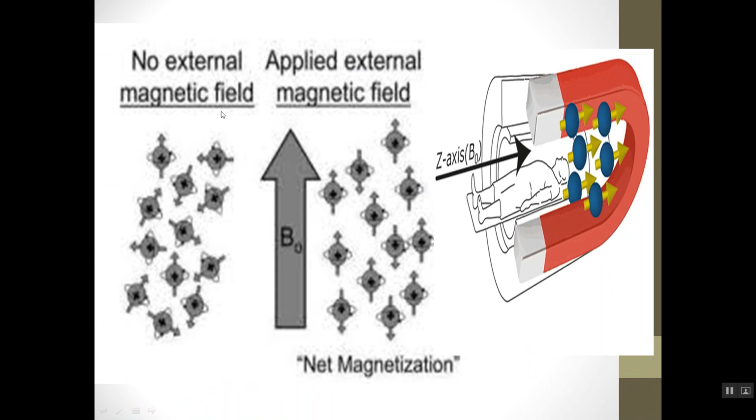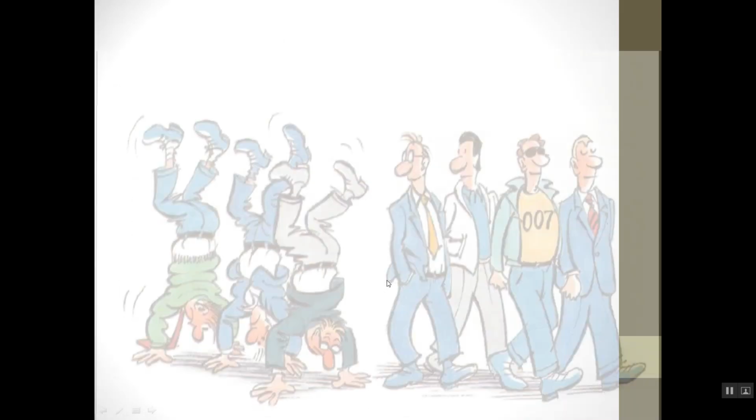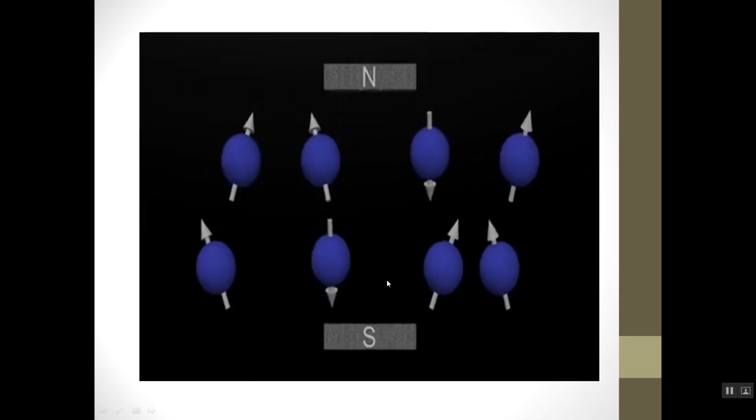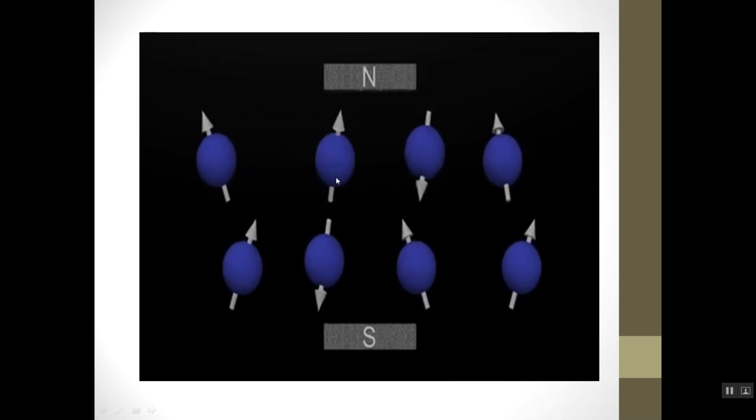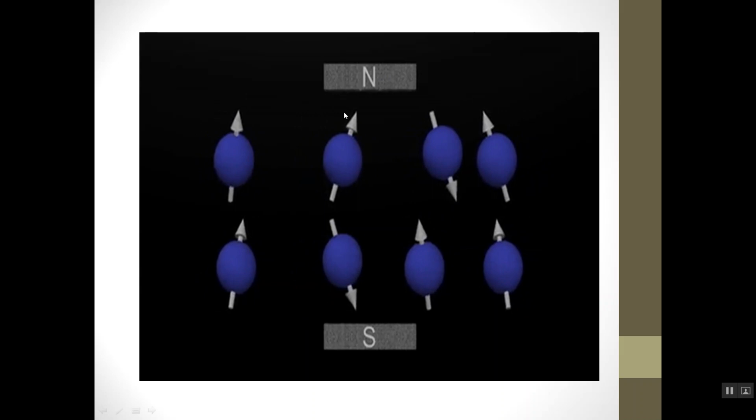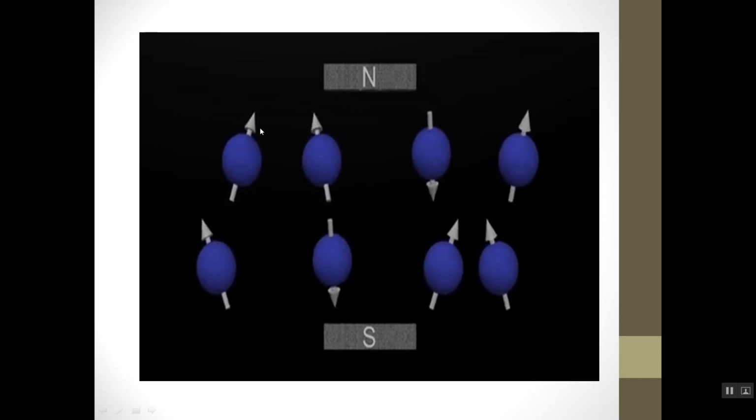Here, with no external magnetic field, and here after applying the external magnetic field, some are moving up, some moving down. After applying the external magnetic field, you will find the protons start to precess, as you see.